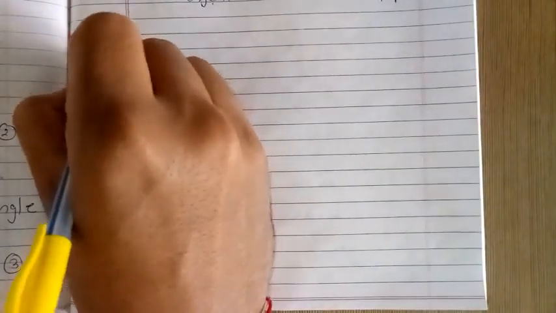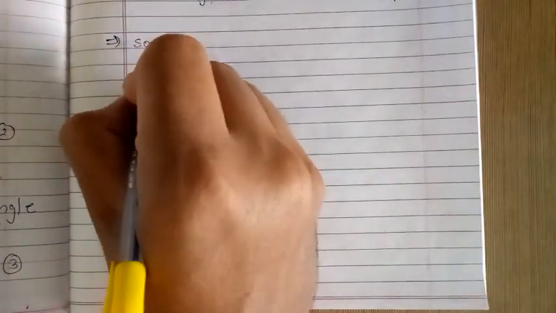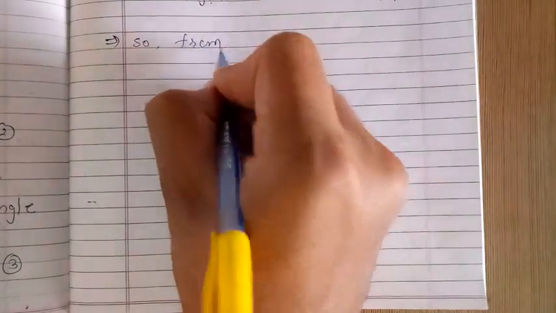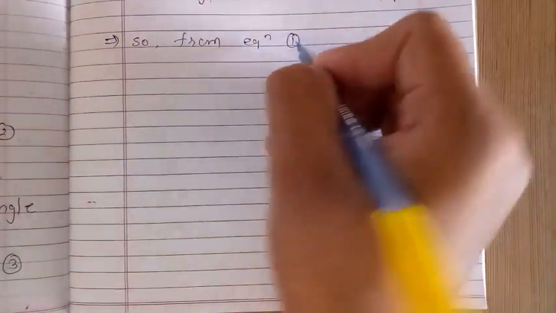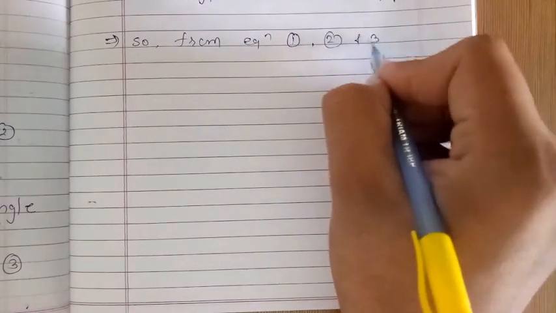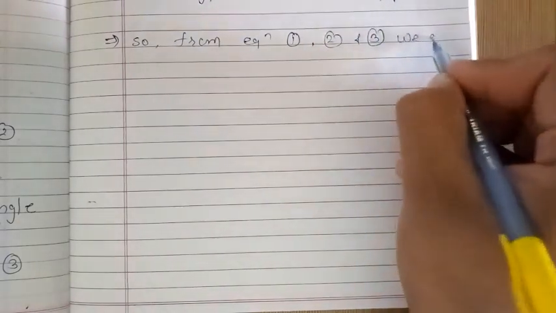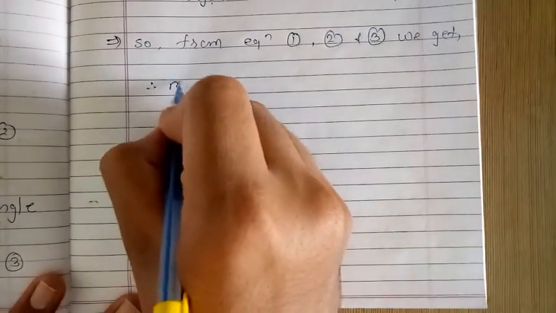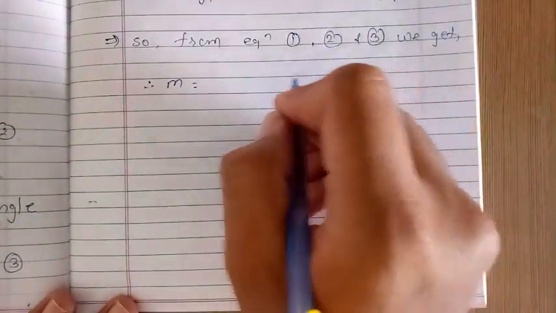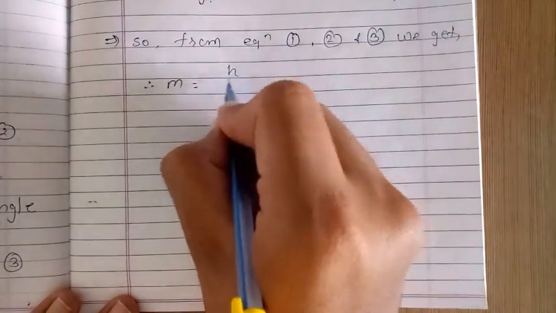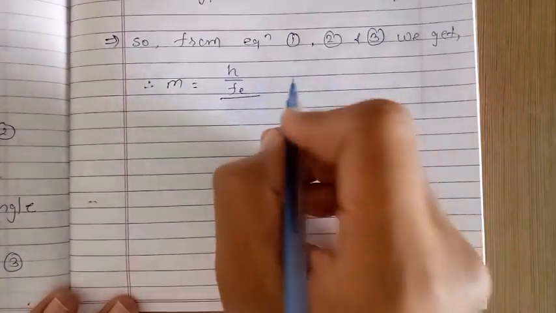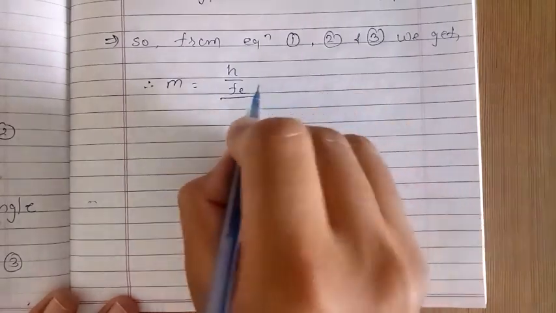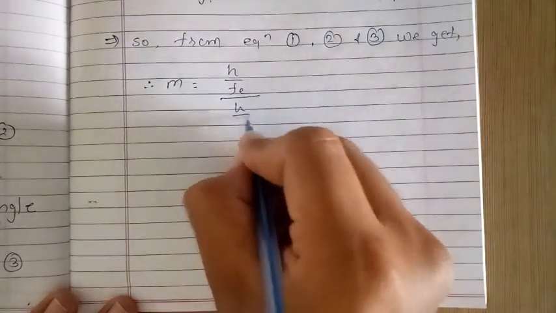So from equations 1, 2 and 3 we get M is equal to beta, which is h upon Fe, upon the value of alpha, h upon Fo.